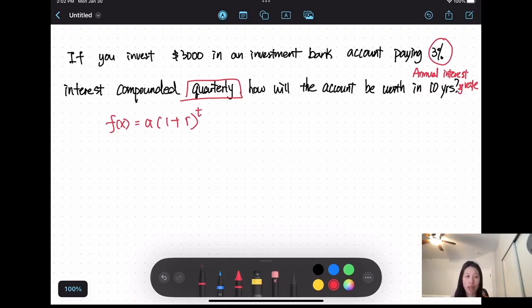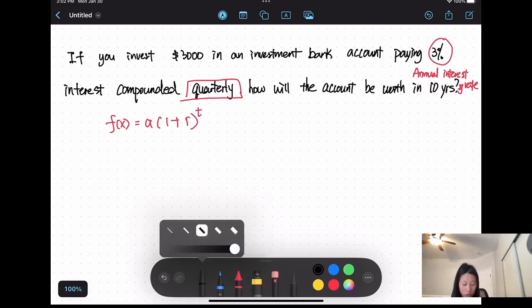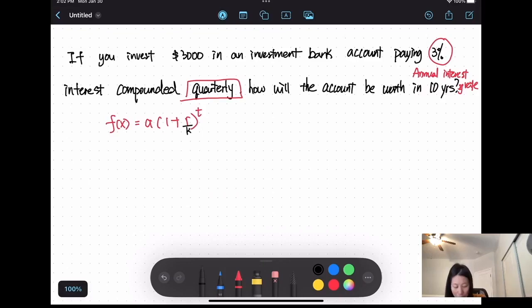So how can we make this work? Well, we introduce a new function really similar to this one. We divide r by k, and for the time we multiply by k. So what is k? k is the number of compounding periods in a year, or the compounding frequency.